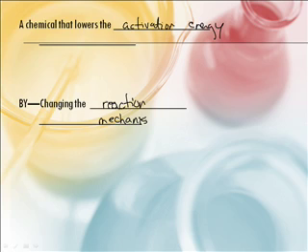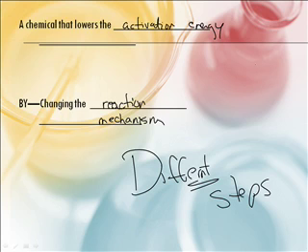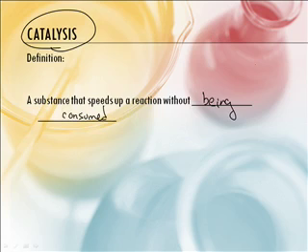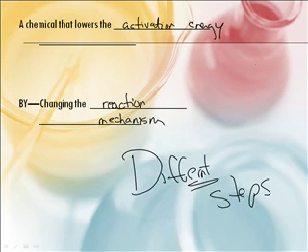They have different steps. And so in a problem like the one we just did, you have a different set of steps. By changing the steps, you have different amounts of energy, and it makes it faster.